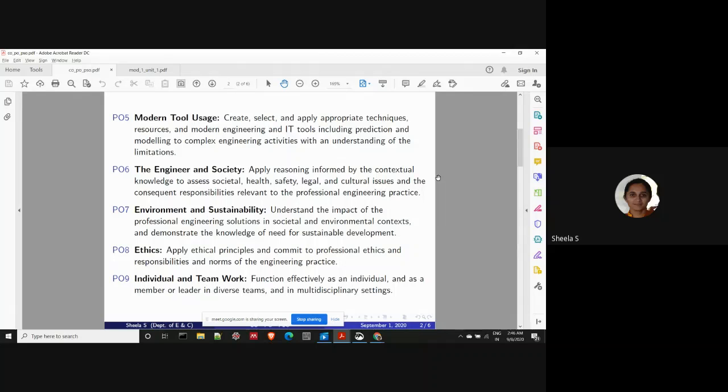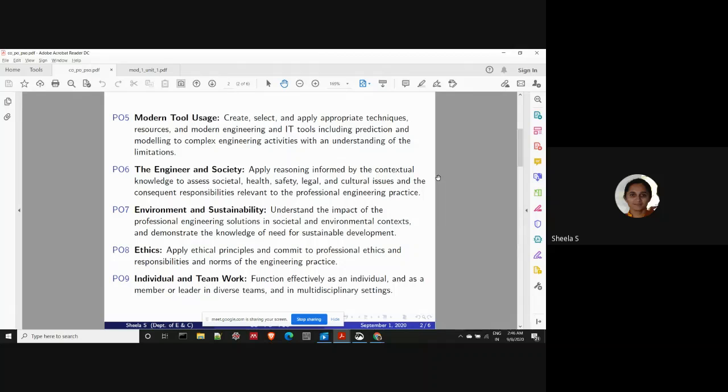And then the seventh one is environment and sustainability. Whenever a particular solution has been developed, we have to think of how eco-friendly it is and also how sustainable our solution is.